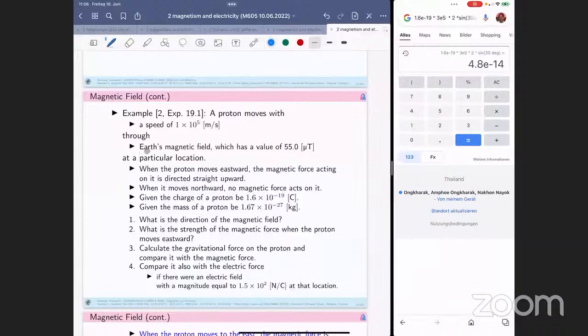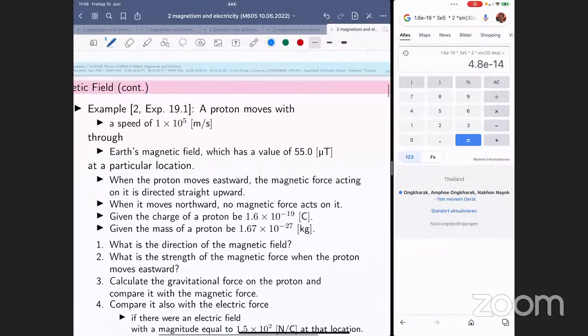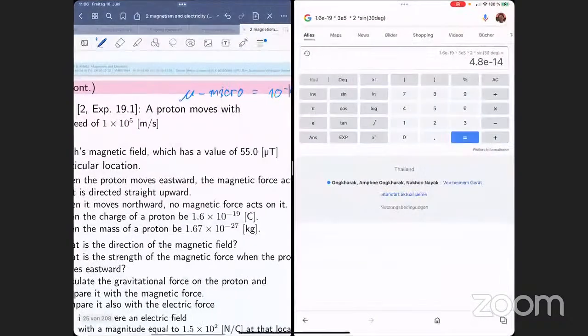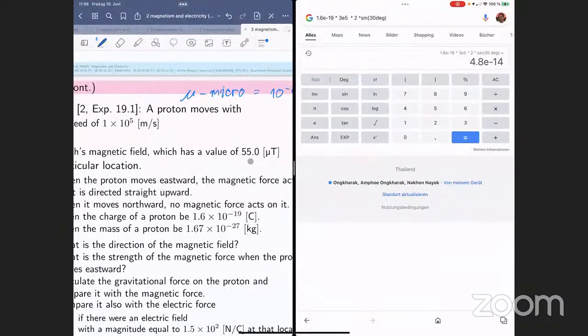In that area, there is the effect from the Earth's magnetic field, which has the value of 55 micro Tesla. You know this one, right? Micro is the prefix equal to 10 to the power of negative 6. They say the Earth's magnetic field at that location is around 55 micro Tesla, but don't memorize that.